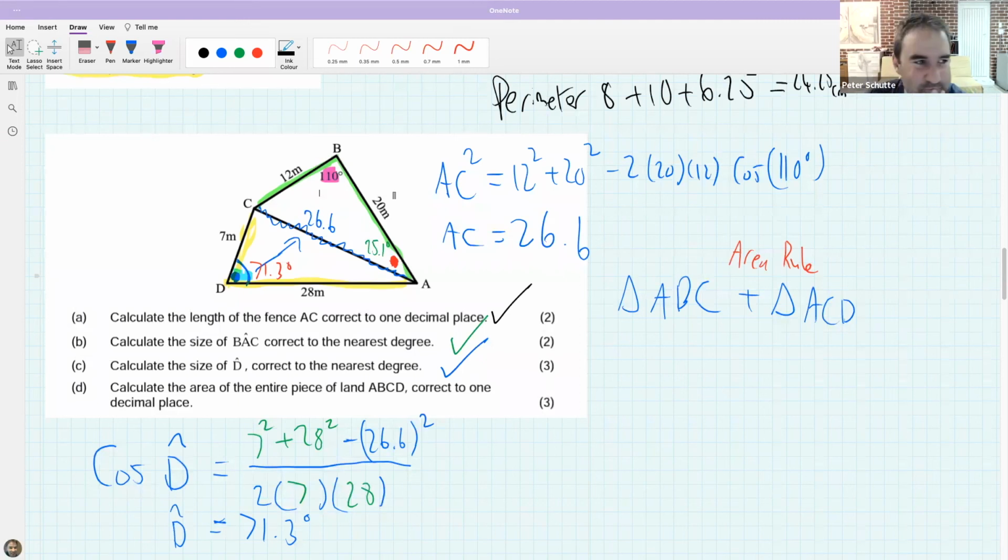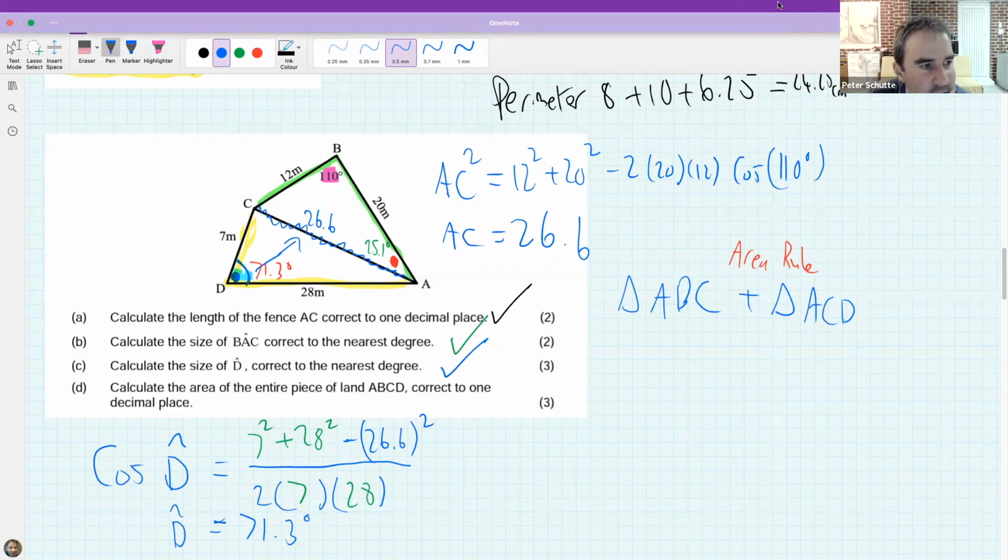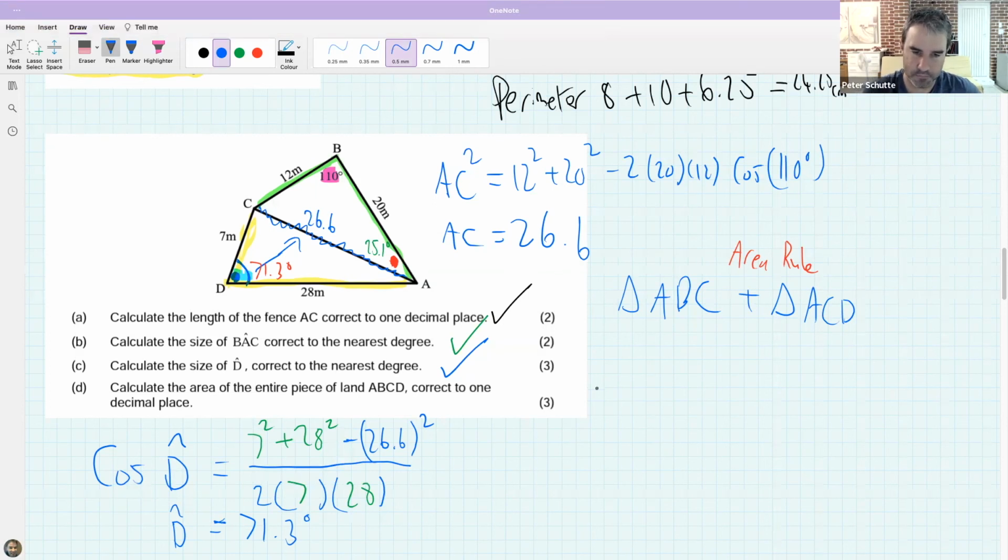So let's do this, people. I think we're going to finish off with this one for today. And that was fantastic advice. And then this one's going to be.